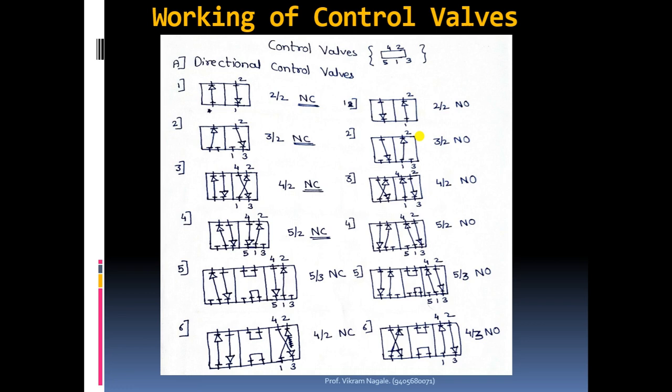Rarely we will require normally open valves, but whenever required, we can use them. The simple difference between normally closed and normally open valve is that we have to change the positions of the block. The left side block will go on the right side, and the right side block will go on the left hand side.